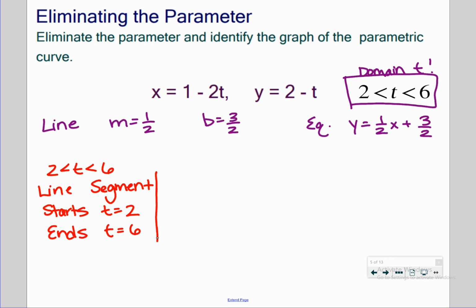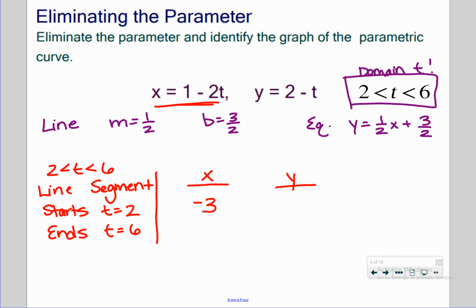The easiest way to do that is to just calculate the x and the y's when t is 2 and t is 6. So if I plug 2 into the x equation at the top, 1 minus 2 times 2, what do I get?